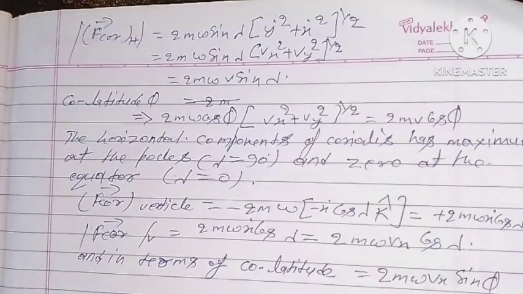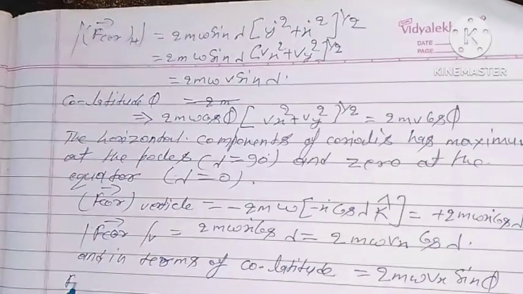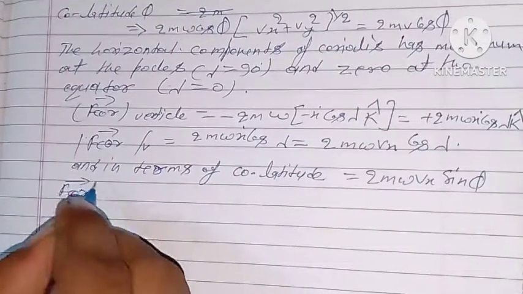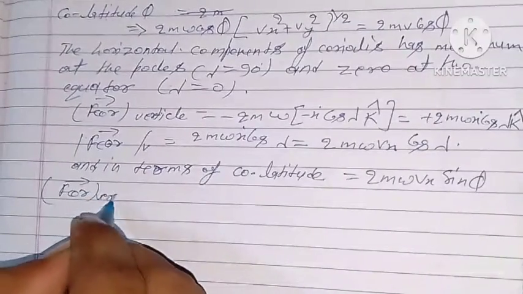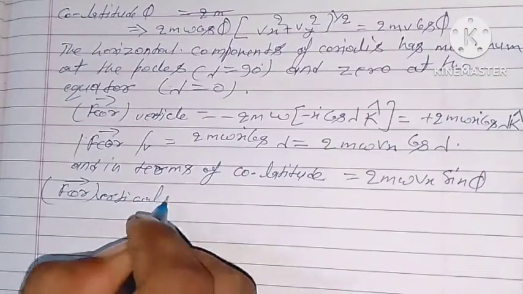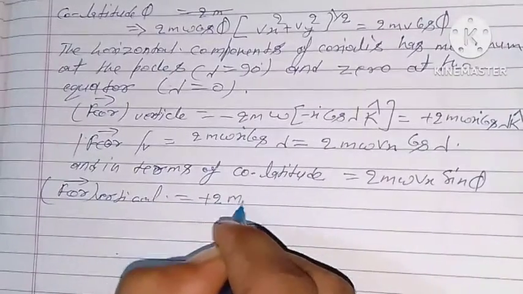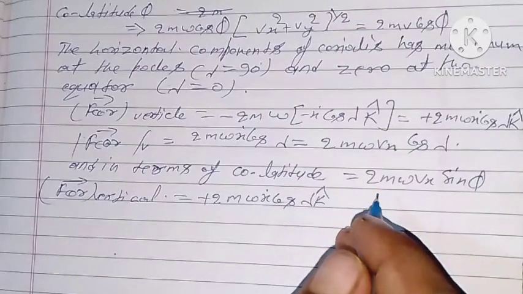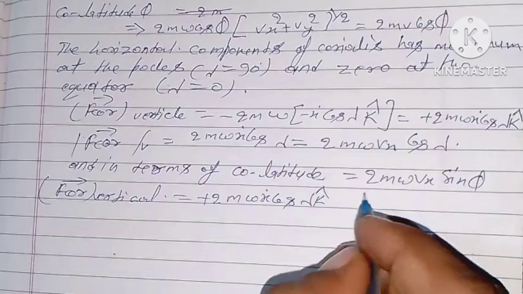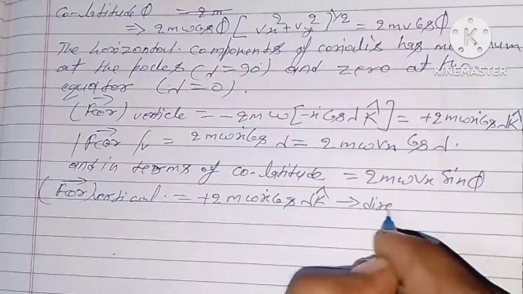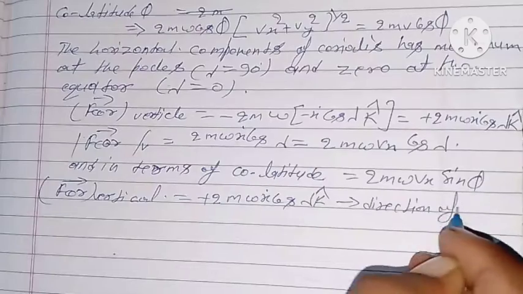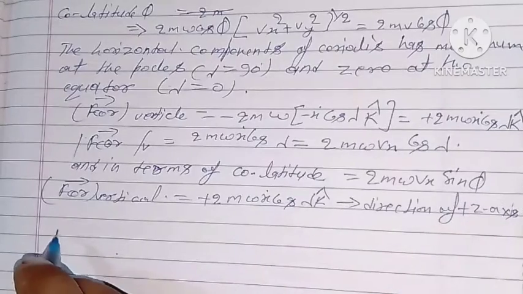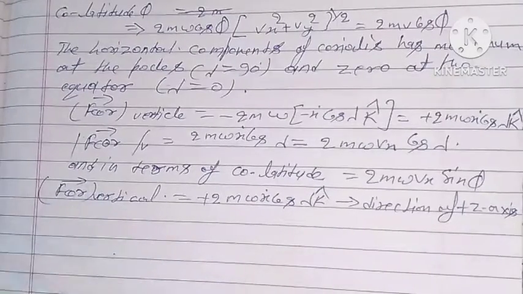The vertical component of Coriolis force equals plus 2m omega x dot cos lambda unit vector k, which is in the direction of the plus z axis, meaning vertically upward.